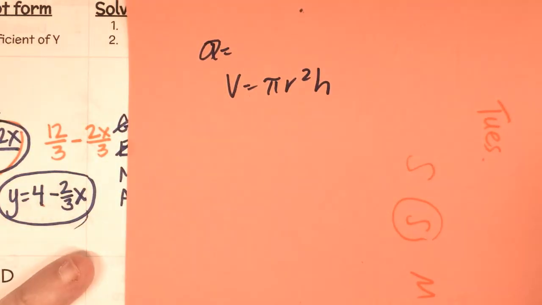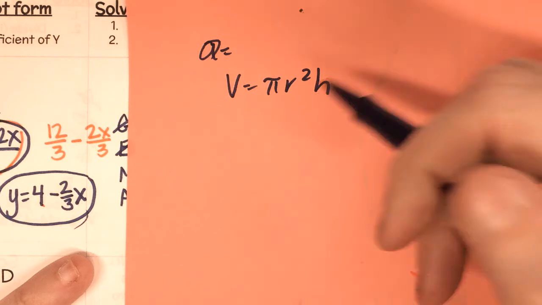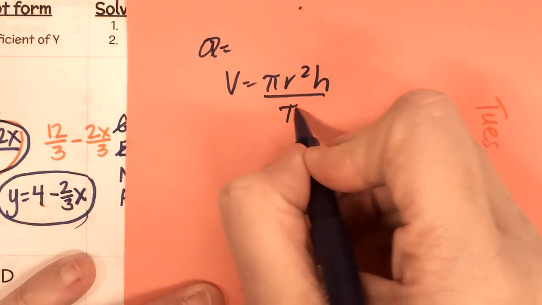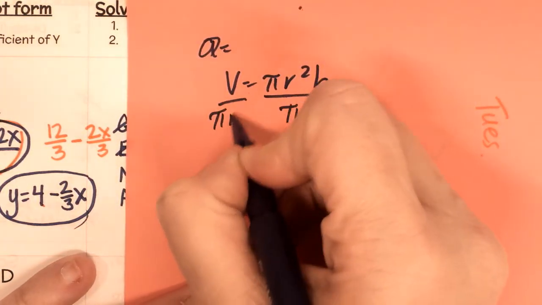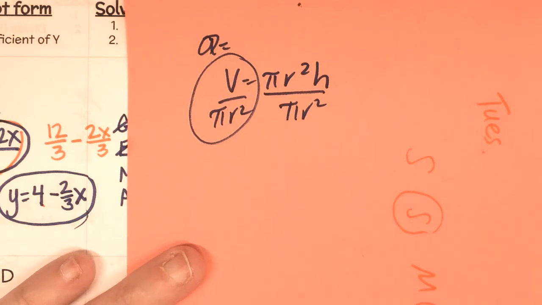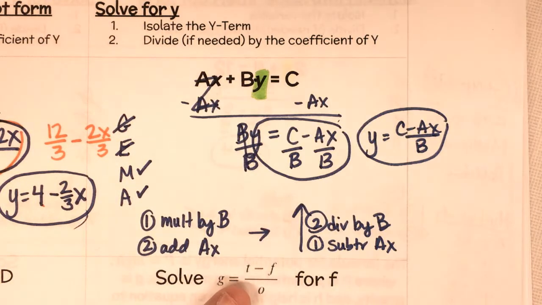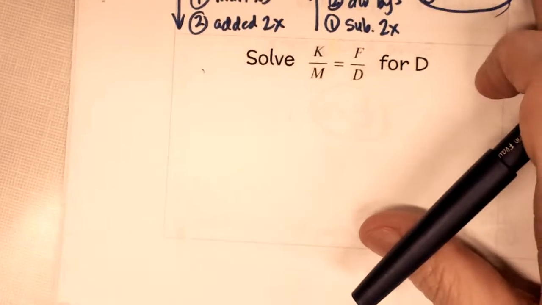Well, what if all I knew was the volume and the radius, but I didn't know how tall it was? I could use that information and figure out what the height was. That's why we're doing this, because sometimes we don't have the same information, and these things are variable. They're not the same every time. Okay? So, let's look at this guy.